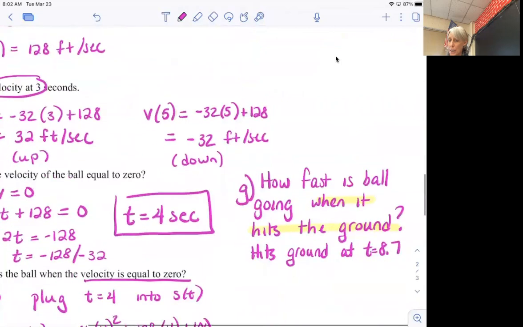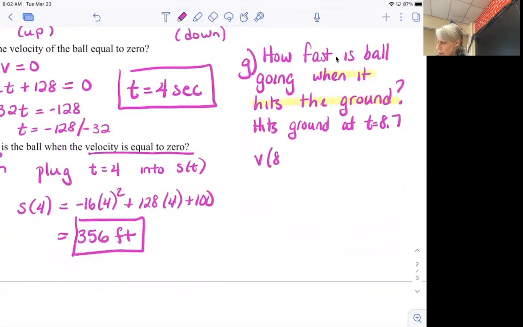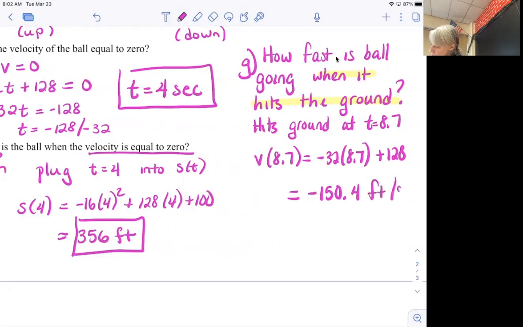So we're going to plug 8.7 into our velocity function because that gives us how fast something is going. Negative 32 times 8.7 plus 128. And if you do the math for that, you would get negative 150.4 feet per second.